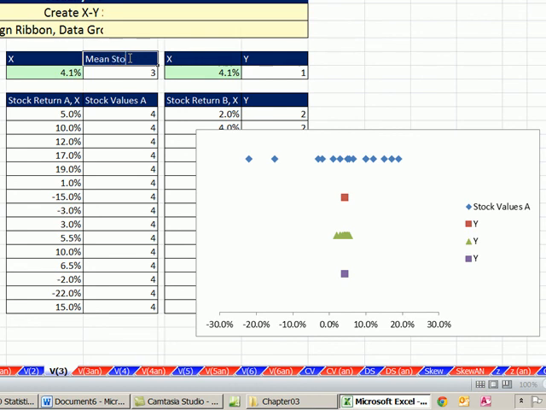Mean stock A. Mean stock B. And then I'm going to put returns for B and change this over here.